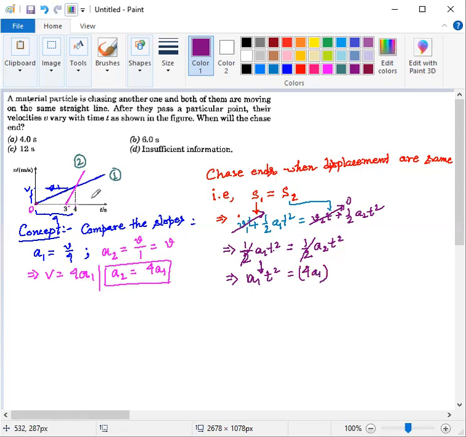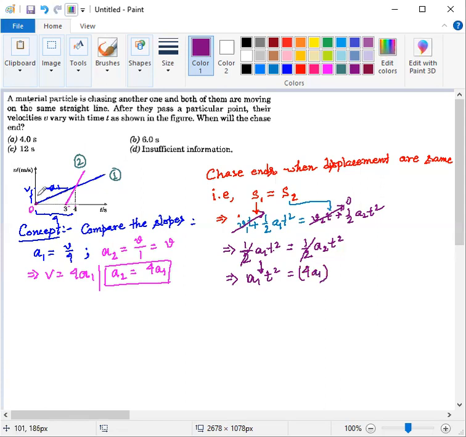Time for the second particle is shifted. Now we can see the second particle starts 3 seconds in advance.